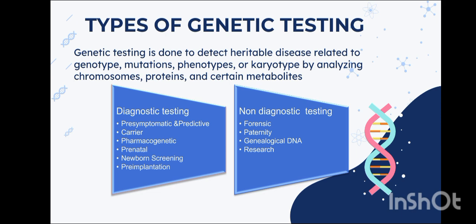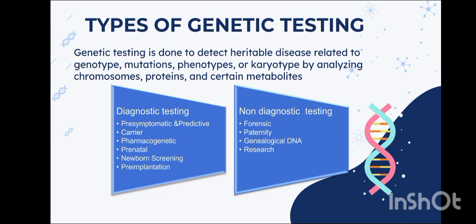So let's see the types of genetic testing. Genetic testing is done to detect heritable diseases related to genotype, mutations, phenotype, karyotype by analyzing chromosome, protein, and certain metabolites. You already saw this definition earlier. The types of genetic testing are divided into two, basically: diagnostic testing and non-diagnostic testing.